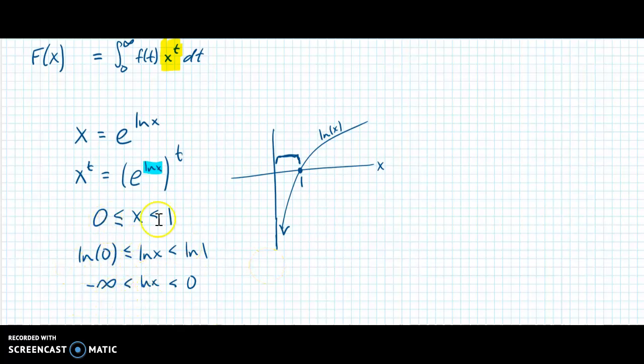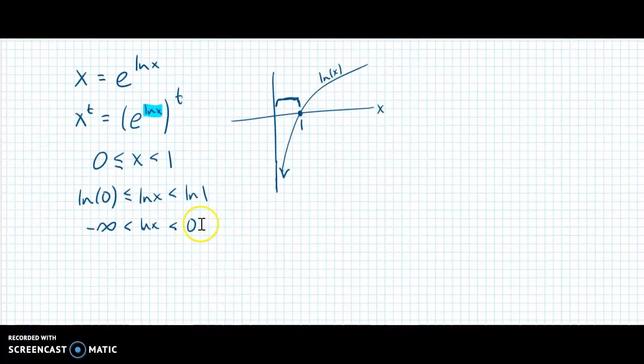So if this is true, then that is true. ln is between negative infinity and 0. I could rewrite that as ln of x is less than 0. Those statements mean the same thing. If something's between negative infinity and 0, then it's less than 0.